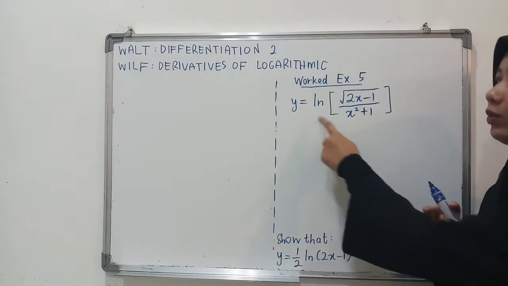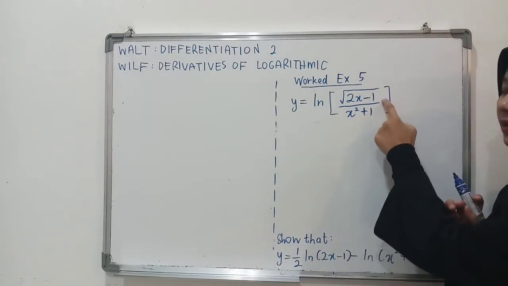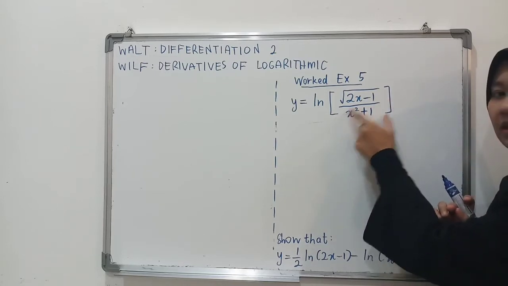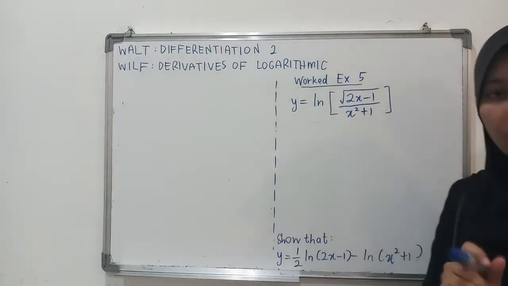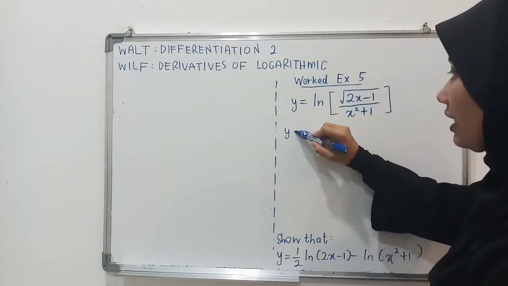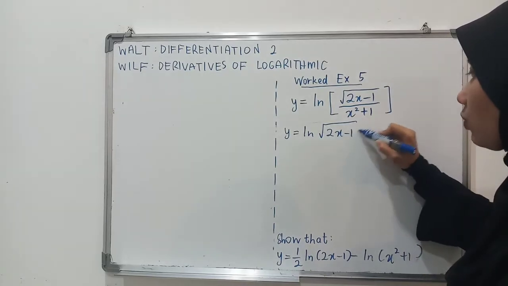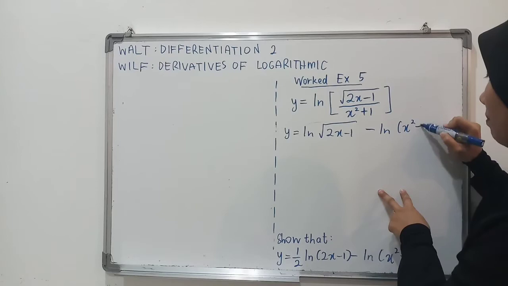Okay, so we have y equals ln of that fraction. The terms are separated by division, right? The whole term here is separated by division. So apply the laws of logarithm. Division, we change to subtraction. So that is just y equals ln (2x minus 1) minus ln (x square plus 1).